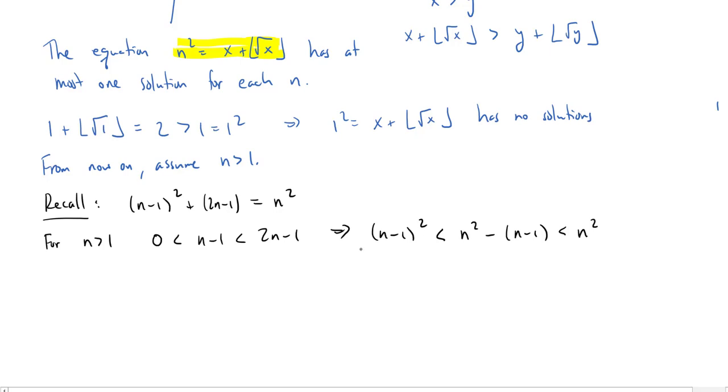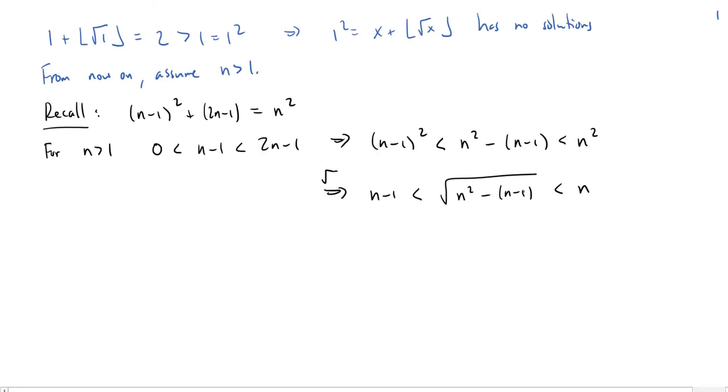Okay, but now let me take the square root of everything. All right, everything is positive here, so that's not a problem. And I get that n minus 1 is less than the square root of n squared minus n minus 1, and that will be less than n. But here I have now some number which lies in between n minus 1 and n.